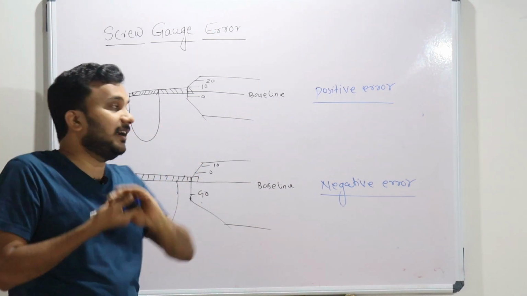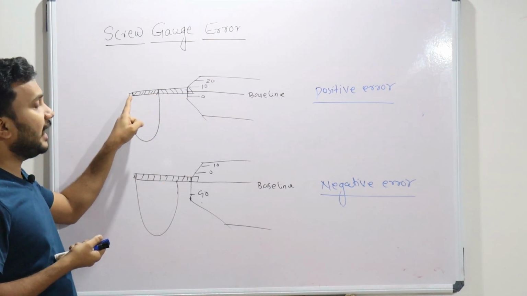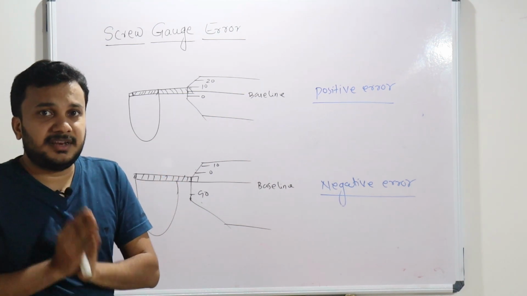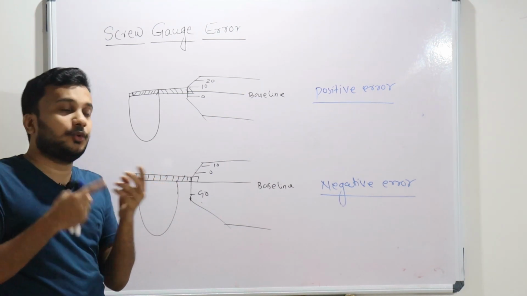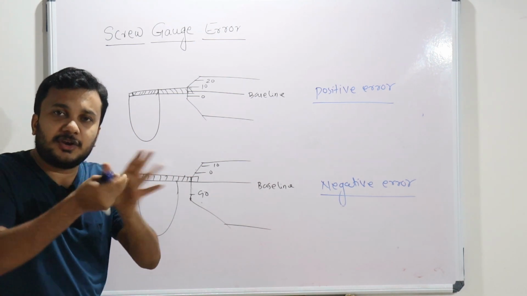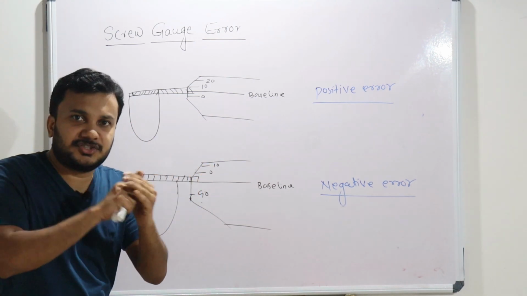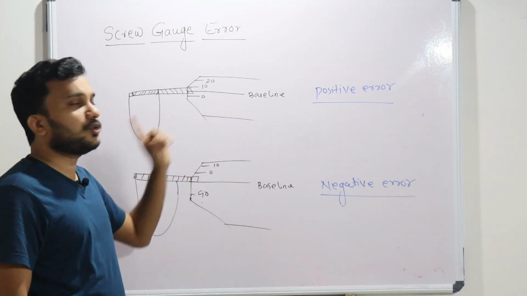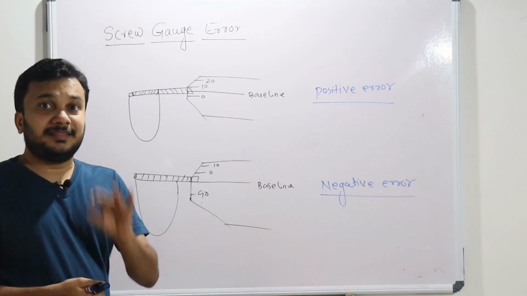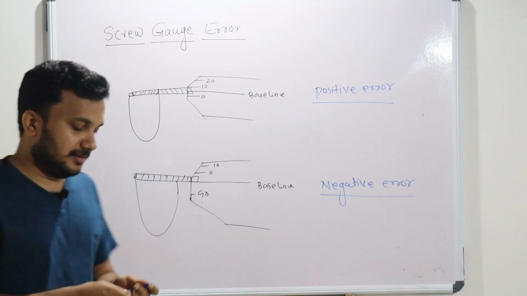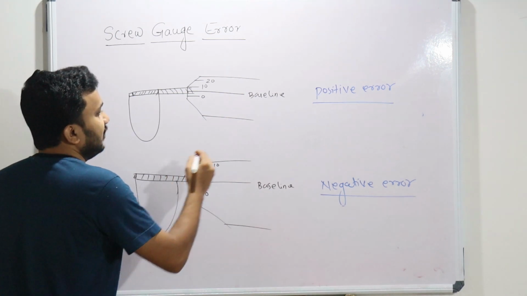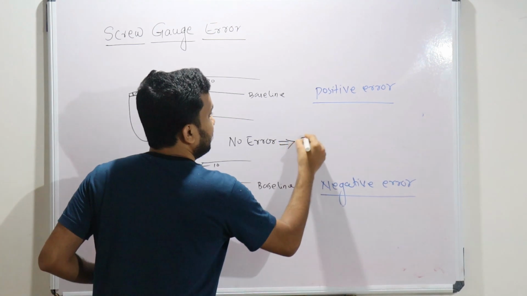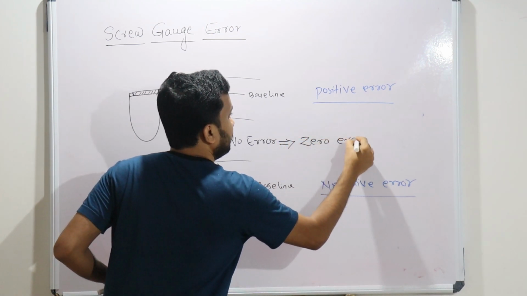If you have completely tightened it and your spindle and anvil are in contact, and you are not placing any wooden block or any item in between, you are not measuring anything, both are just in touch, then in this condition the baseline should coincide with the zero line. Then we can say there is no error. This no error condition is called zero error.